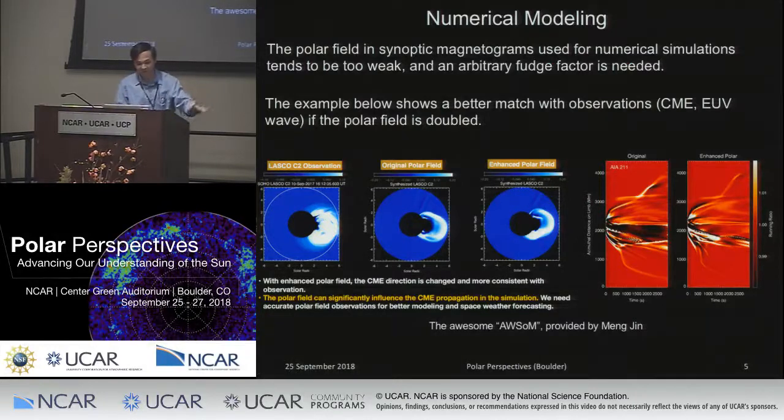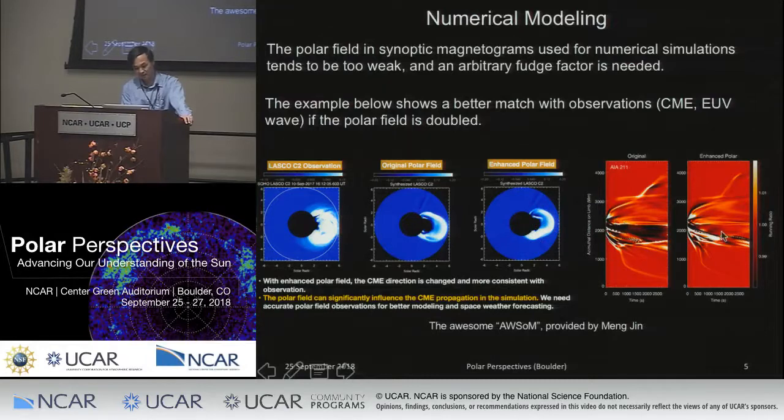I don't know. But this example shows a LASCO observation, simulated using the original GONG data. But if you increase the polar field by a factor of 2, it becomes closer to the observations.